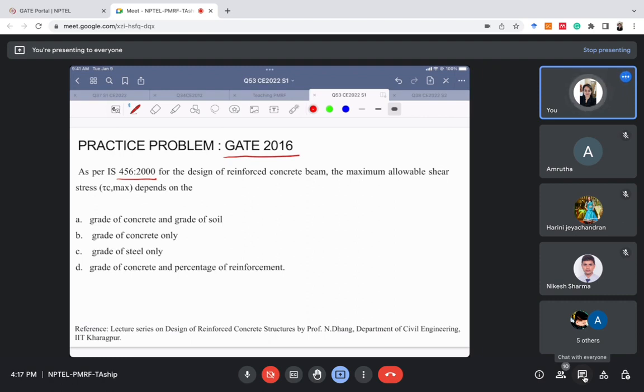They are asking what the maximum allowable shear stress depends on. Maybe you want to guess whether it depends on the grade of concrete and grade of steel, or grade of concrete only, or grade of steel only, or both the grade of concrete and percentage of reinforcement.